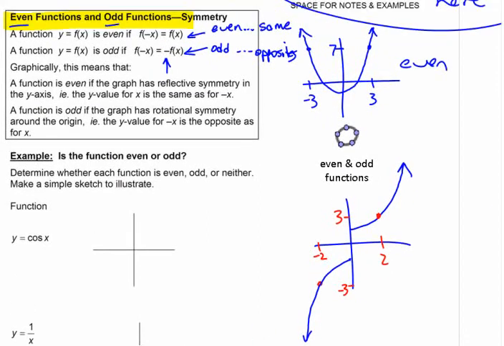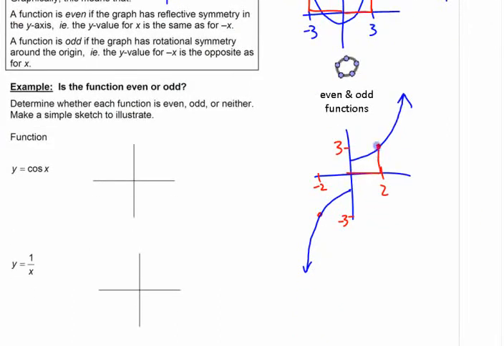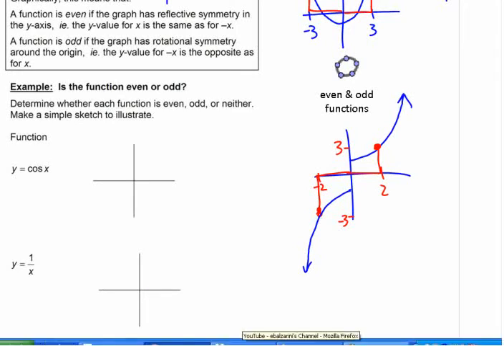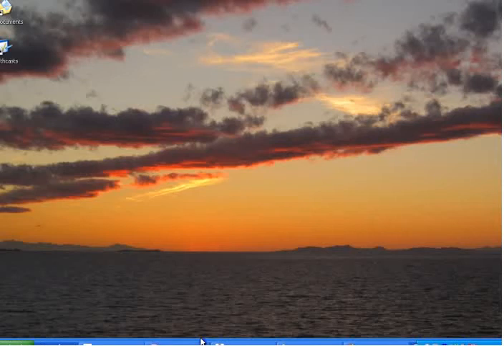If it's even, they have the same value: 3 is that, negative 3 is the same thing. Odd is if 2 is positive 3, negative 2 is negative 3, or vice versa. Again, let's look at something a little more dynamic than my drawings.